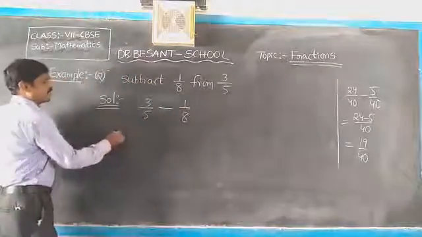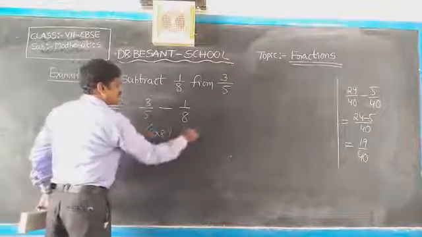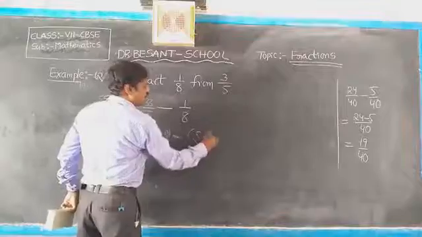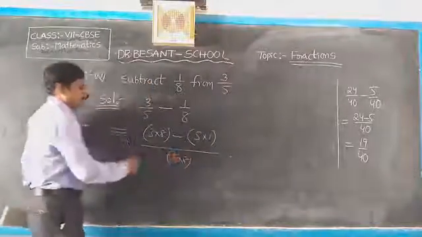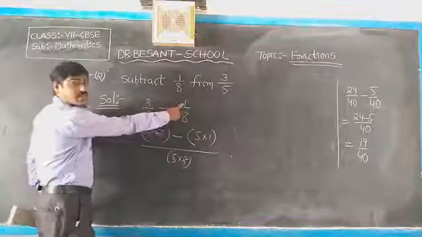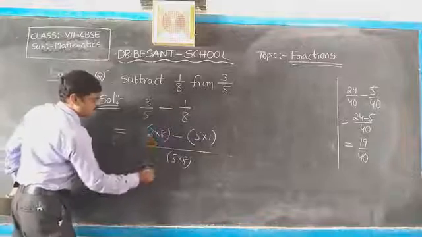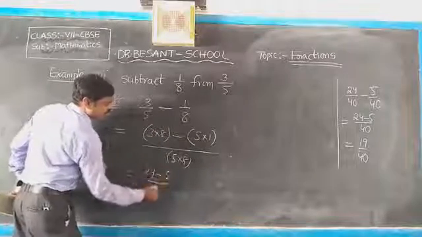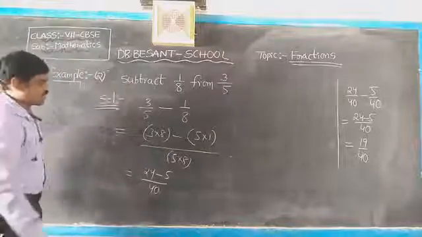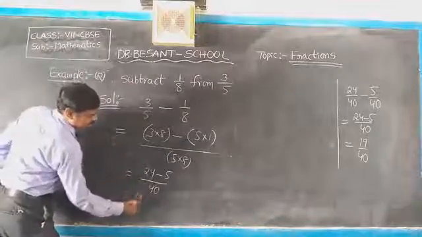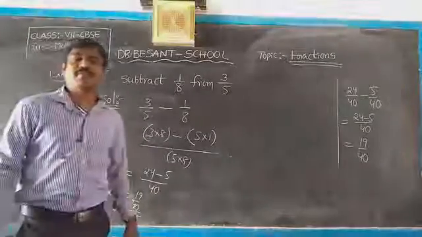Cross multiplication method means simple: 3 into 8 minus 5 into 1 by 5 into 8. So 3 8s are 24, 5 1s are 5, 8 5s are 40. So then what is the answer? 19 by 40. Simple, and within 2 steps we can get it.